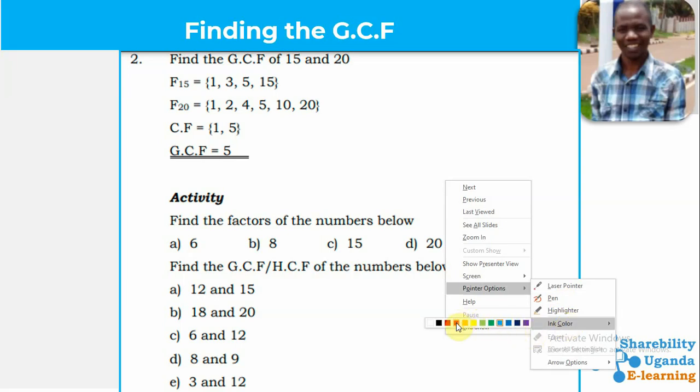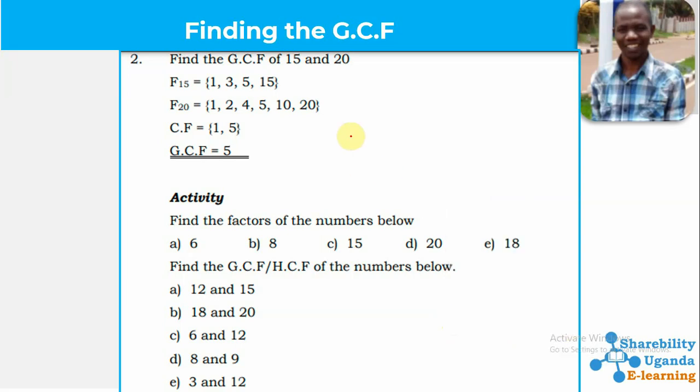So, alright. So how do we come up with such a number? First, we said we have to look and get the factors of what? The factors of 15, and we are able to explain how we can get these factors, and also we have to get the factors of what?